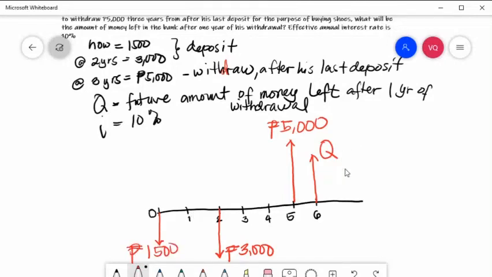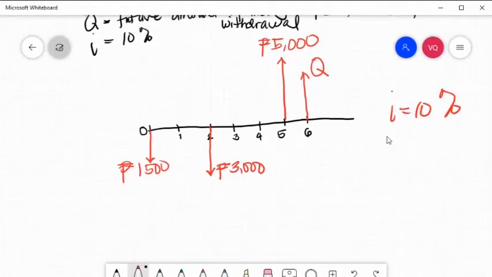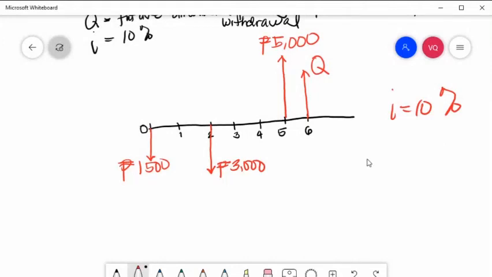Anat value ni Q. Interest here 10%. So, nasa sayo kung anong period yung isiset mo na focal date. So, we will just use 0 as our focal date.